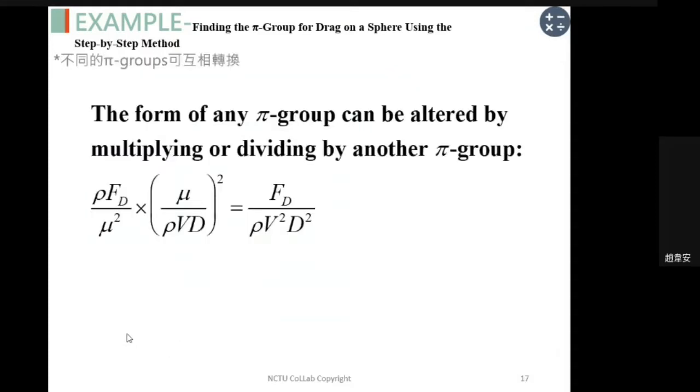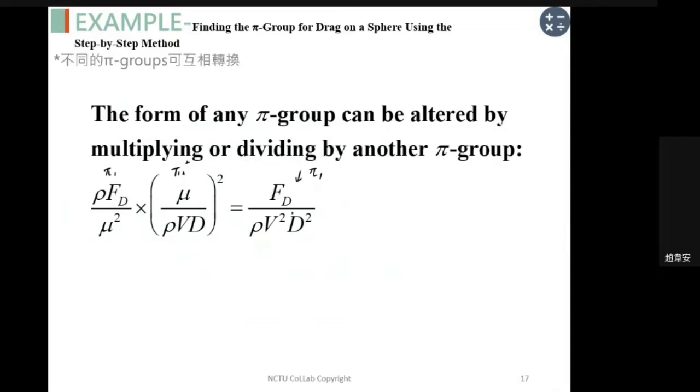So actually, the form of any pi group can be altered by multiplying or dividing by another pi group. If we multiply pi 1 by pi 2 squared, then we will have another pi 1.